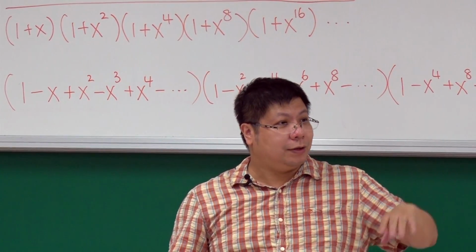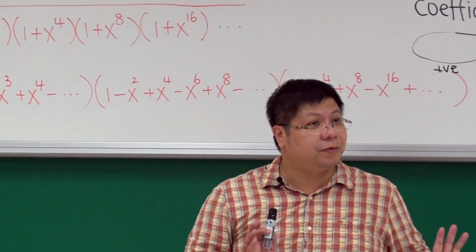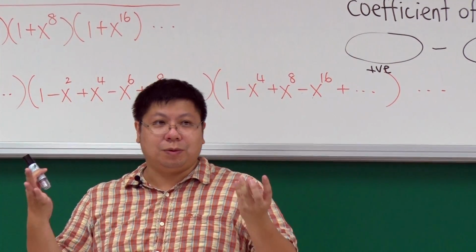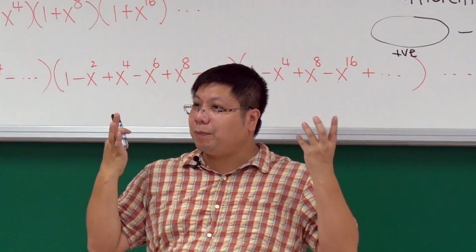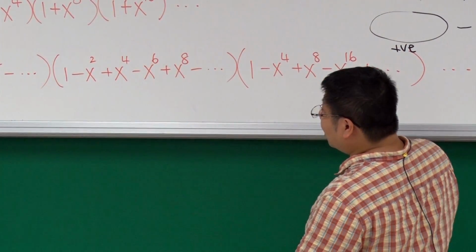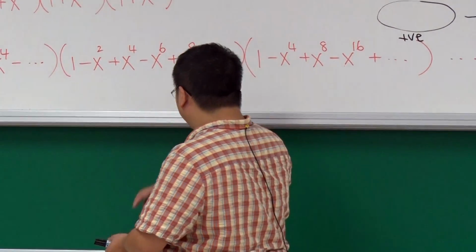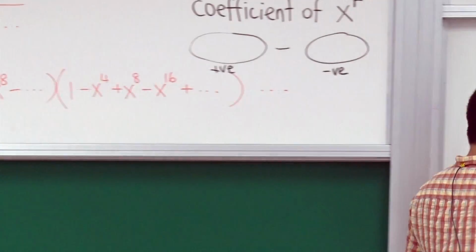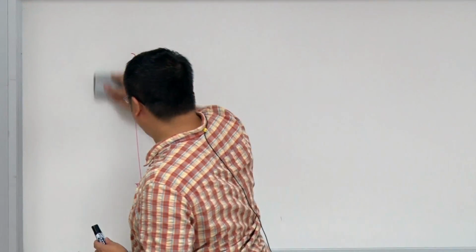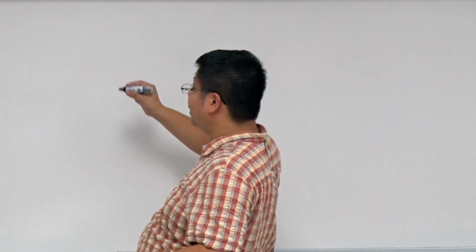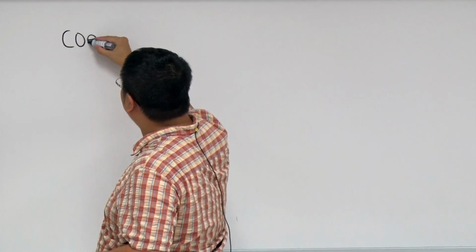Whenever we get a negative, it is negative 1, right? So this is one observation. The second observation is, how do we determine whether we are having plus 1 or minus 1? Okay, so let me list out. Let us take a look at the coefficient of x to the power 4 as an example.